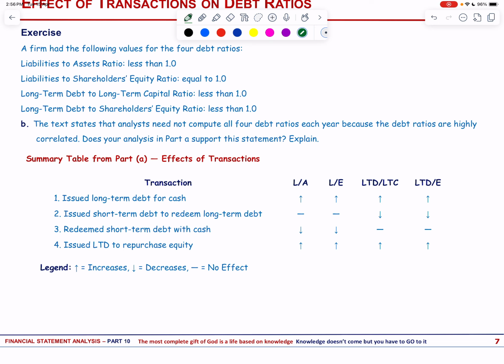As they say, because the debt ratios are highly correlated. So let us see if these ratios are highly correlated. Our analysis does support the claim that some of these debt ratios are highly correlated, especially within each group.